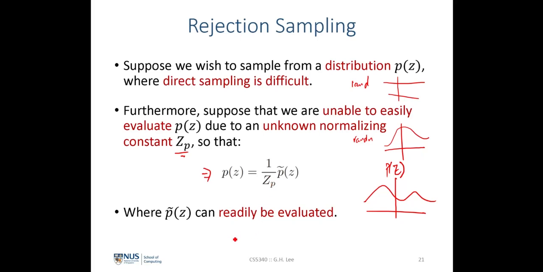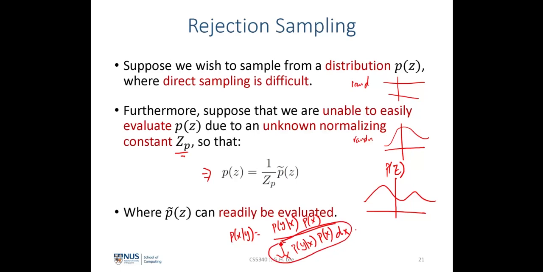In the case of the posterior distribution of x given y, we saw this by evaluating it using Bayes rule. This is an example where the unnormalized version can be easily computed from the likelihood function as well as the prior probability, but the normalizer involves the marginalization over all the random variable x of p of y given x and the prior probability of x, dx over here.